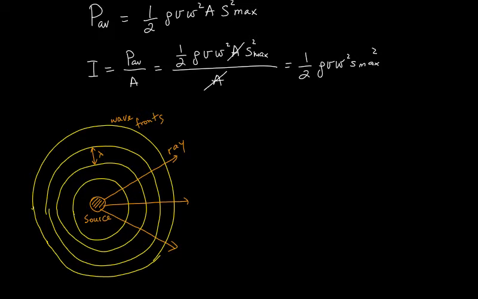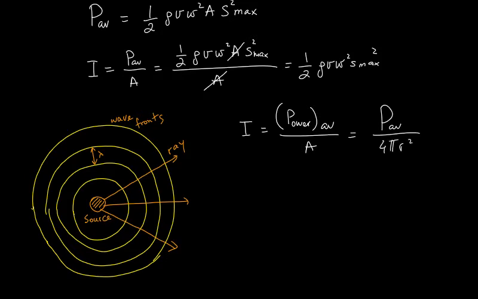For these spherical waves, the intensity could be written as average power divided by area, which equals average power divided by 4 pi r squared. You can see that the intensity is proportional to the inverse of r squared.